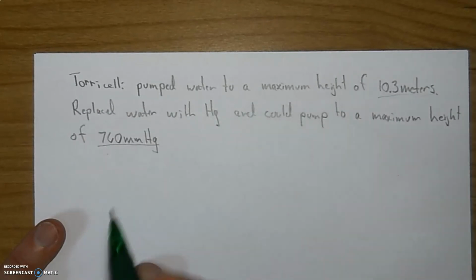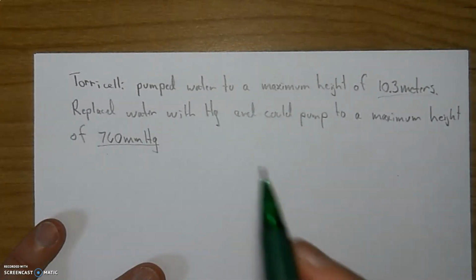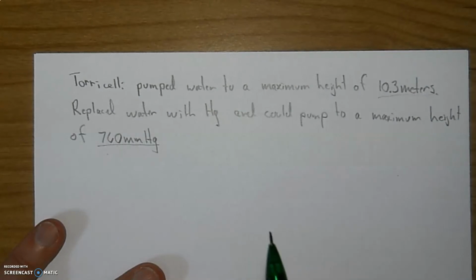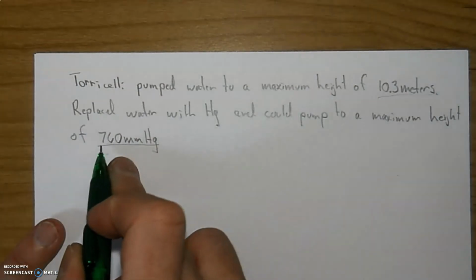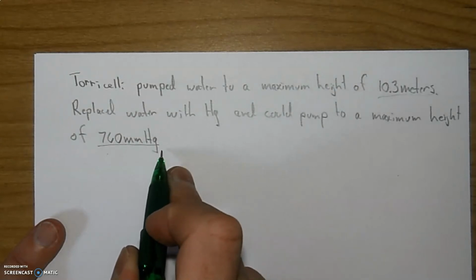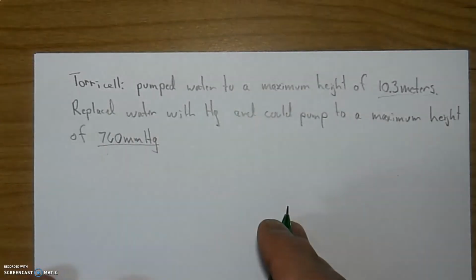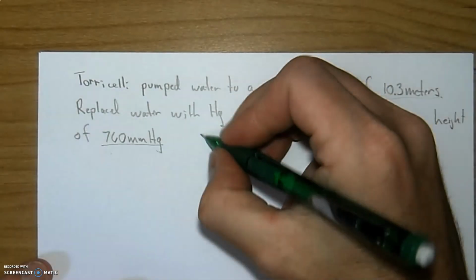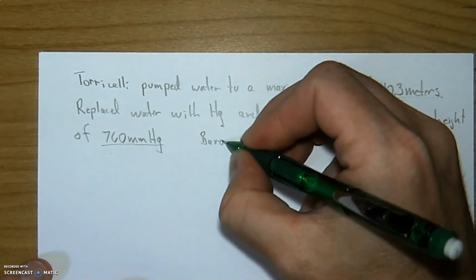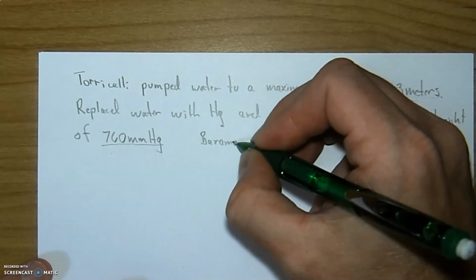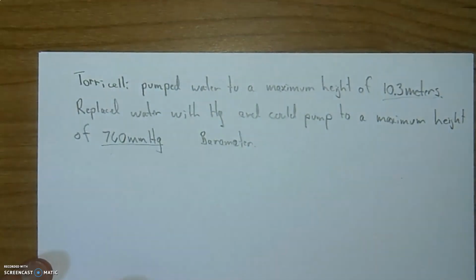And what he discovers, the punchline here, if you will, is that the atmosphere is pressing down on the dish of mercury, pushing it up the pump or straw this high. Now, it does vary day to day based on the atmospheric pressure, but this is kind of the ballpark average, the number that we kind of just go with. And what that establishes is something we call a barometer. Barometer. So that's what we use.